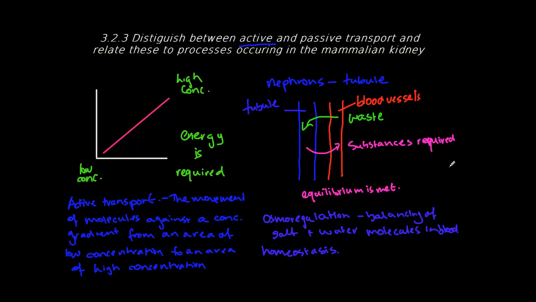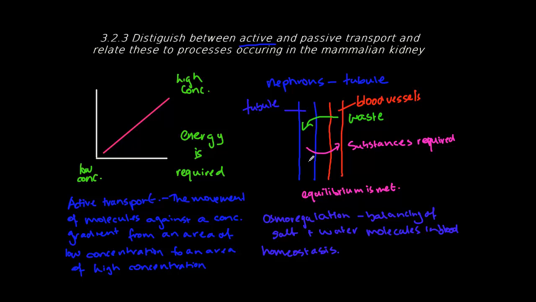If water and salt molecules need to be conserved in case of dehydration, and we need to get rid of more concentrated urine, then it's important that the body can reabsorb what's already in the tubules. If water and salt have moved by diffusion and osmosis to the tubules, it's important that they can be reabsorbed, so homeostasis can be maintained and blood water and salt concentration can be maintained.